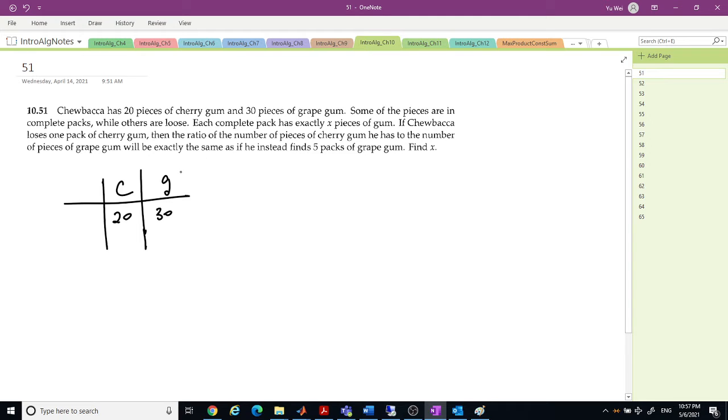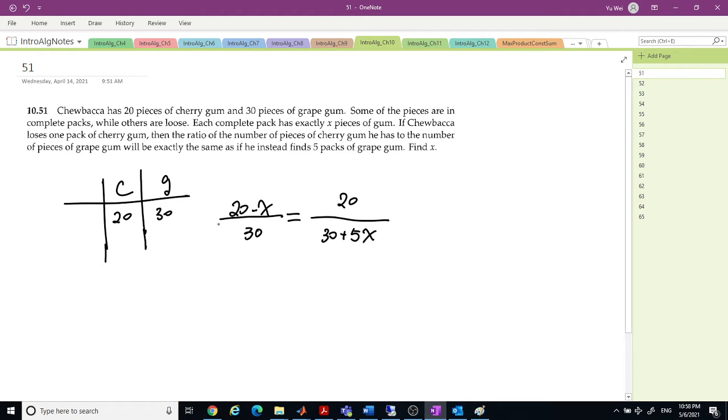Okay, so some of the pieces are in incomplete packs, others are loose, and each complete pack has exactly x pieces of gum. If she loses one pack of the cherry gum, then the ratio of the number of pieces of cherry gum she has to the number of grape gum, over 30, will be exactly the same as if instead she finds 5 packs of the grape gum.